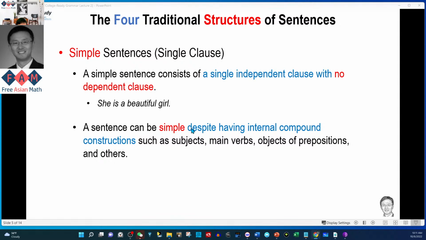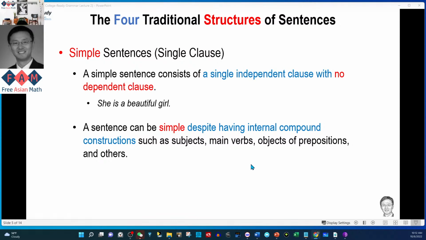So when I see two subjects, then it's not a simple sentence. Well, a simple sentence can be simple despite that. Structurally, there are some compound structures, meaning that more than one element is combined together into a structure that looks like it contains more than one such element, but because it's compound, logically there's still only one unit.